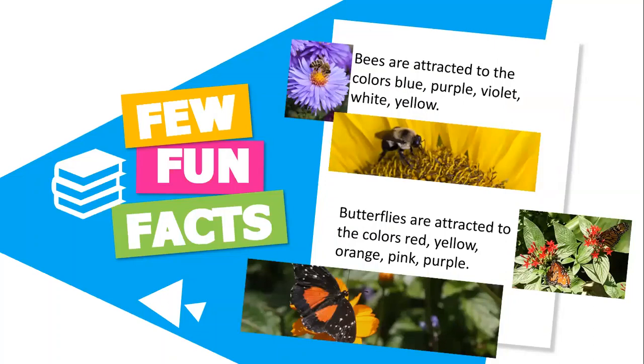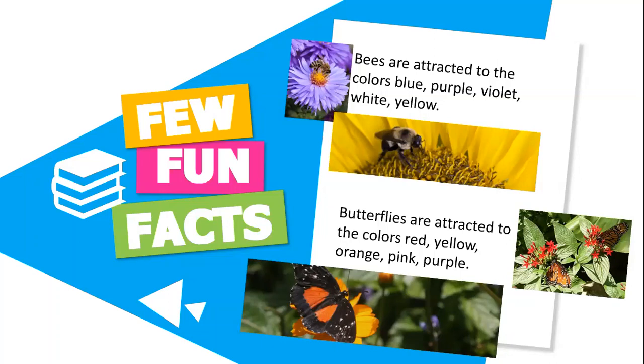Little drink break there. So bees are attracted to certain colors, and that would include blues and purples and violets and yellow and white, mostly. Butterflies are attracted to the warm colors, like red and yellow and orange and pink and even purple. So if you're going to plant your garden and thinking about attracting one or the other, you would focus on those color groups.